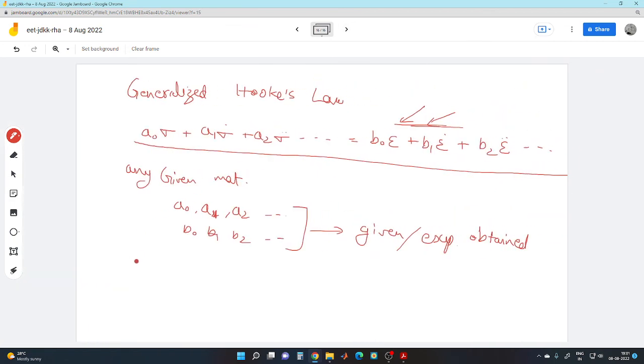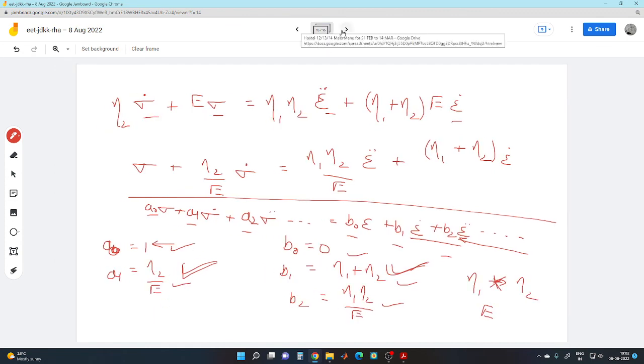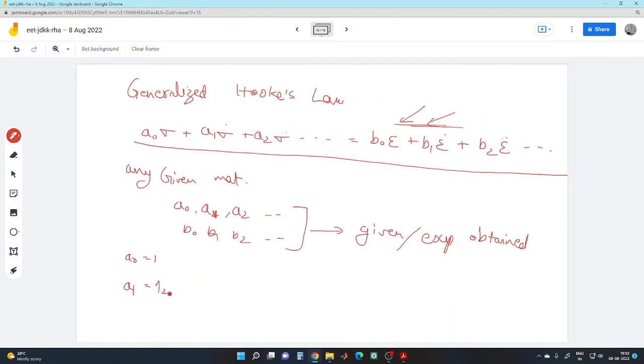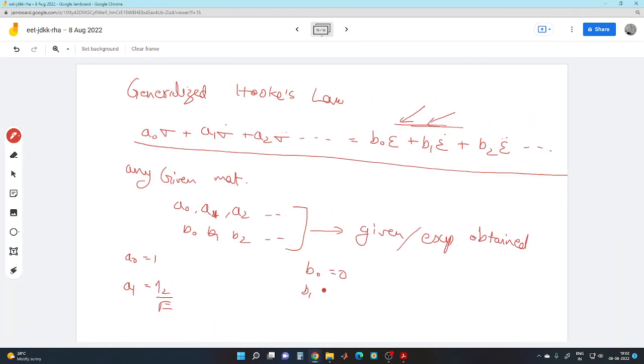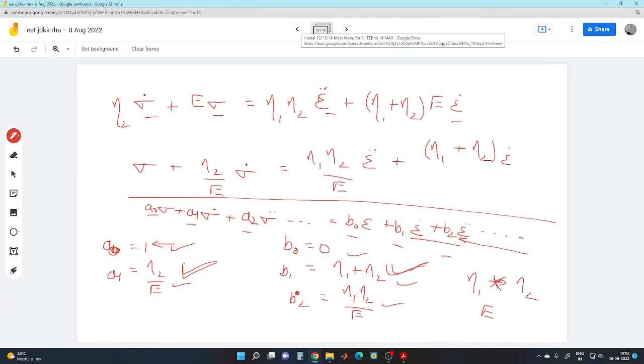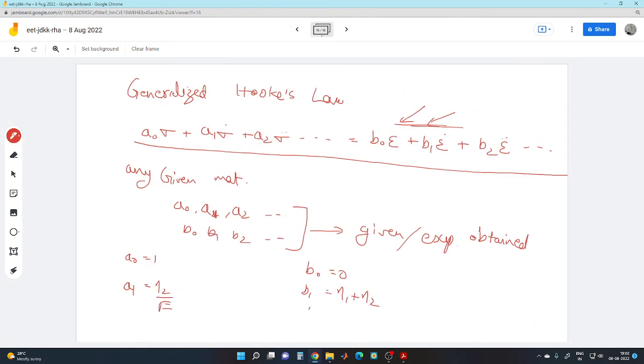So if we write it here, A naught was found to be 1, A1 was eta 2 by E, B naught is equal to 0, B1 is eta 1 plus eta 2, and B2 is eta 1 eta 2 upon E. So we have these values.